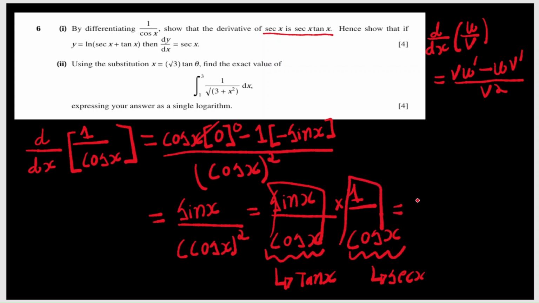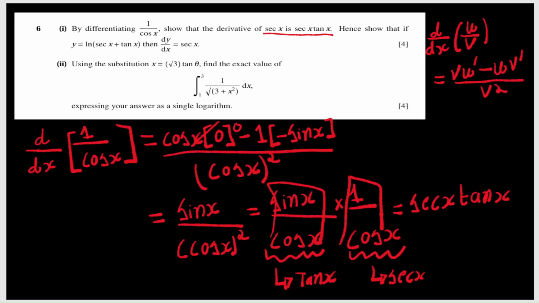So what do we get? I'm going to write it as it is written above, sec x tan x. It doesn't matter whether you write tan before or sec before, but if you write it like this, it's much better, I suppose. And then we have y is equal to ln(sec x plus tan x), and we have to show that dy over dx is equal to sec x.